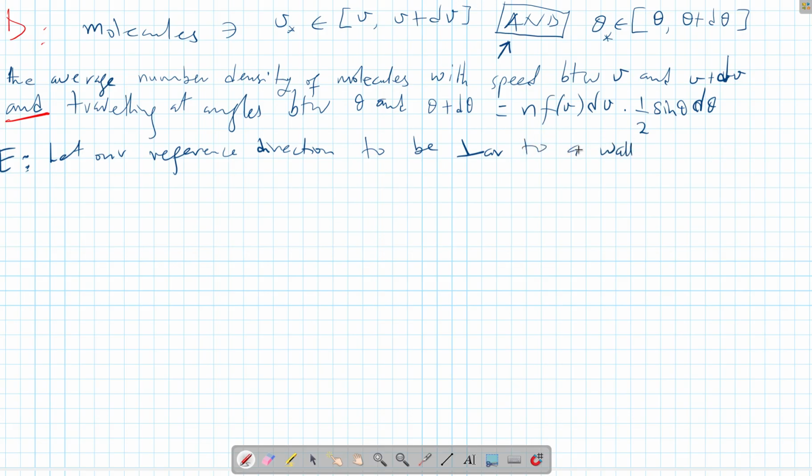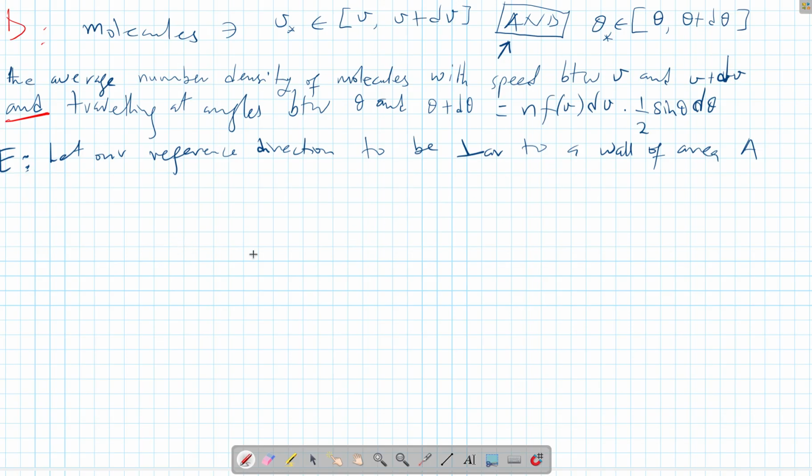So we consider a wall, let's say one of the sides of the container of the gas, and assume that the wall has an area A. And for point E, the task is to compute the number of molecules traveling with speed between v and v plus dv, and traveling at angles between theta and theta plus d theta with respect to the direction perpendicular to a wall of area A.